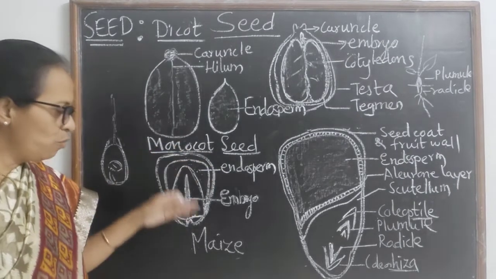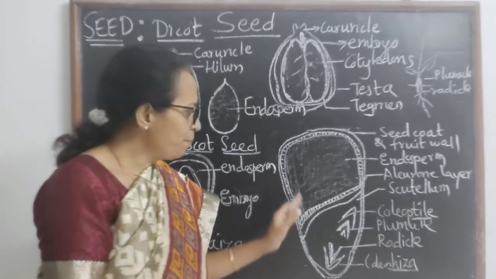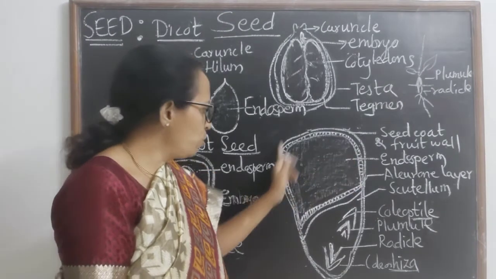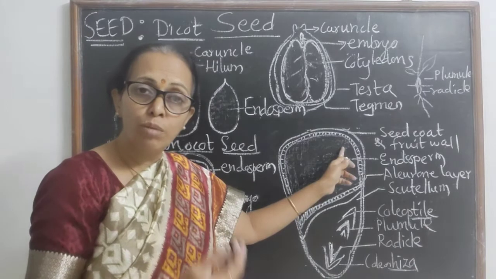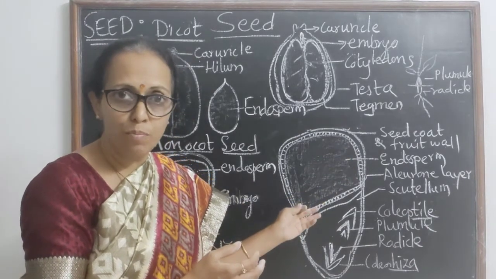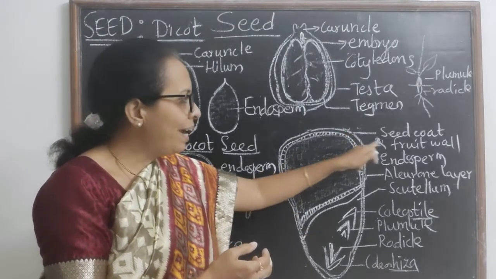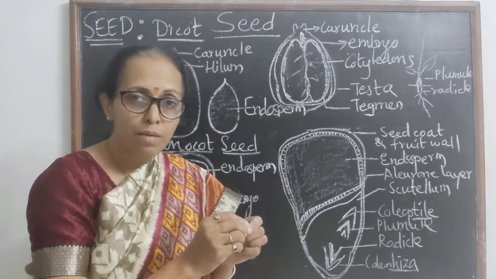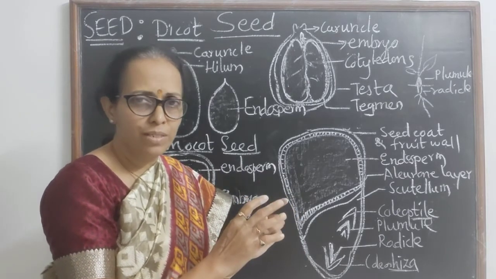In detail, if we observe this structure in vertical section, we will find an arrangement like this. The outermost layer is the seed coat plus the wall of the fruit which is fused with it, because it is a caryopsis type of grain, where the seed coat and fruit wall are fused. It is not separated. You cannot separate it by simple ways.